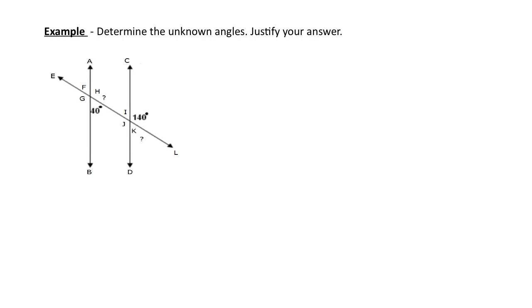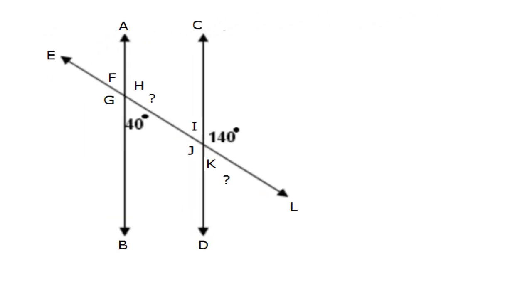I'm going to start at the top, and if I know that this angle marked here is 40 degrees, okay, I can see from my diagram that angle F is located directly across or opposite to the 40-degree angle. So that tells me right away that I do know that angle F is 40 degrees. So I'm going to go ahead and fill that in.